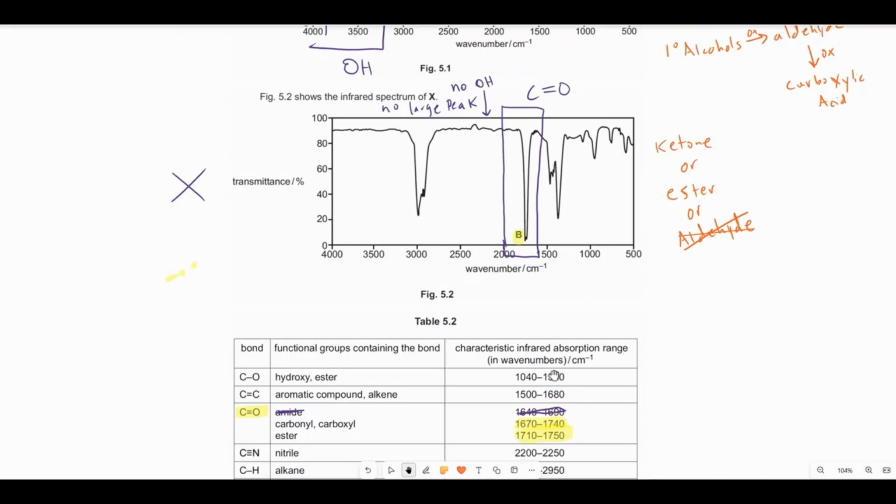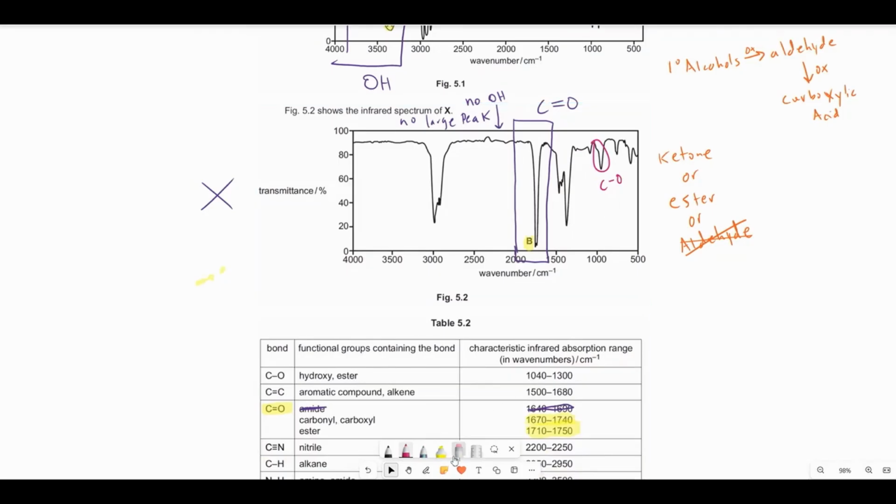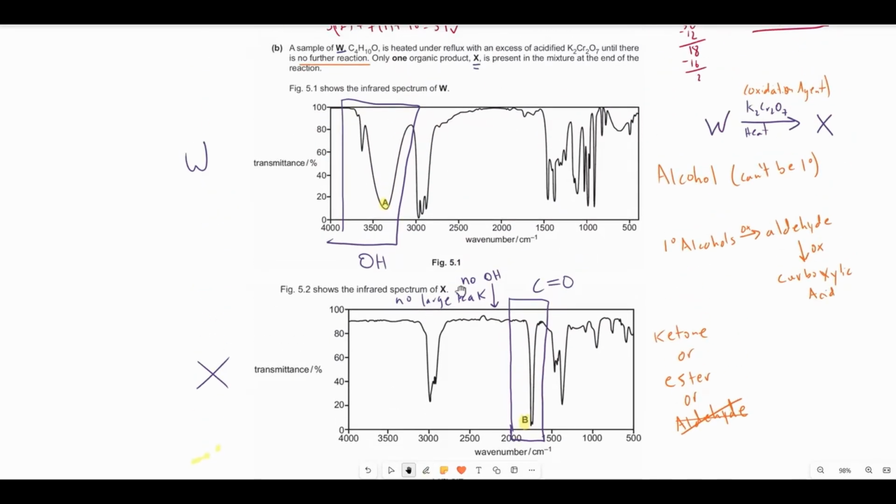This 1040 to 1300 is roughly around here. This peak right here is our CO peak. But that's not the one we're talking about. Actually, oops, I went to the wrong mass spectra.